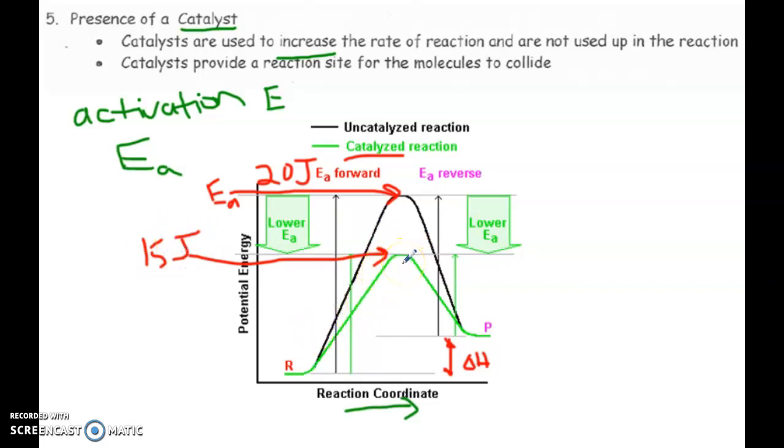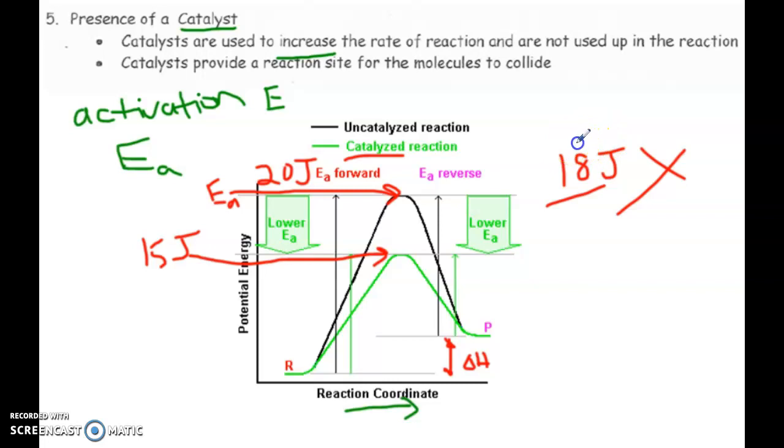So what that means is that before the catalyst was present, let's say there was a collision that had 18 joules, right? So before, 18 joules worth of energy would not be successful because it did not meet the 20 joule requirement. But now that it is catalyzed, it's above the requirement.